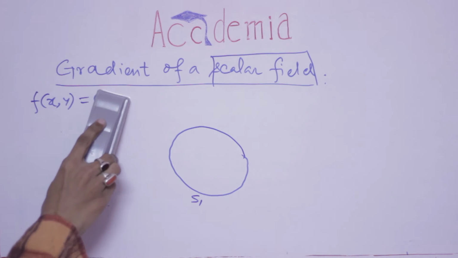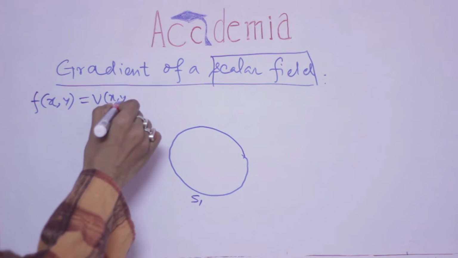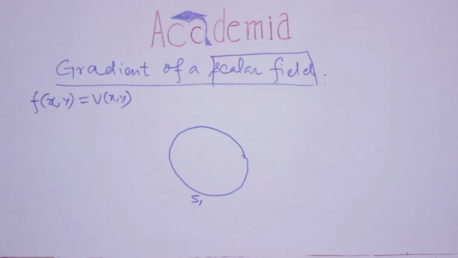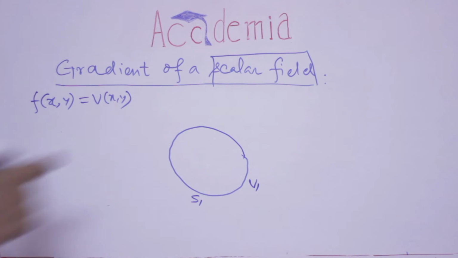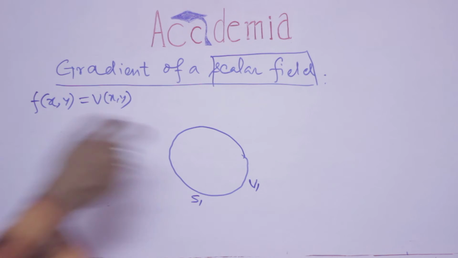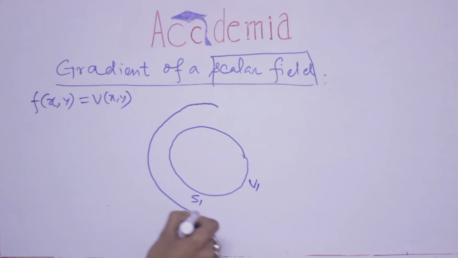Say for our convenience, we define this function f(x, y, z) as V(x, y, z). Again a mistake, it is not V(x, y), it is V(x, y, z). Say V(x, y, z) is equal to v1, that is a constant value, produces this surface S1. Then for V(x, y, z) equals v2, a different constant value, we shall get a different level surface S2.